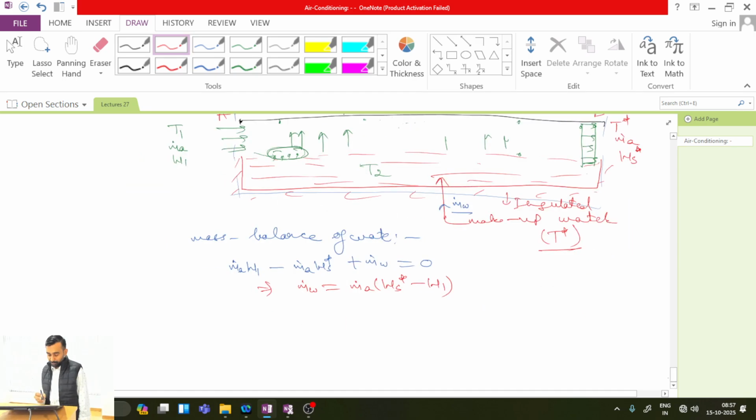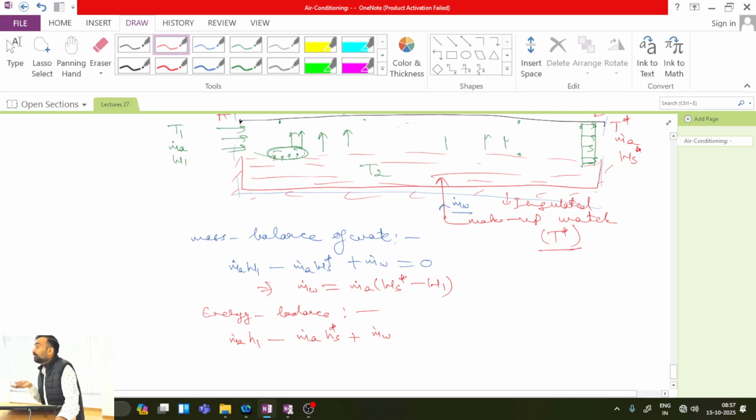Okay. Now let me do the energy balance. If I do the energy balance, then m dot A is coming with H1 enthalpy. m dot A is going with enthalpy Hs star, and makeup water m dot W is coming with what enthalpy?